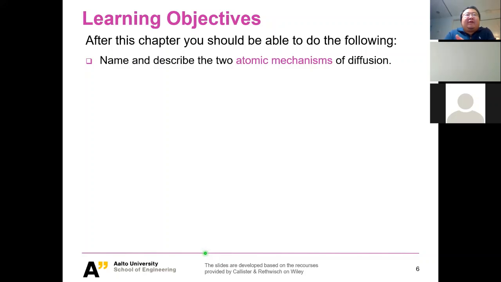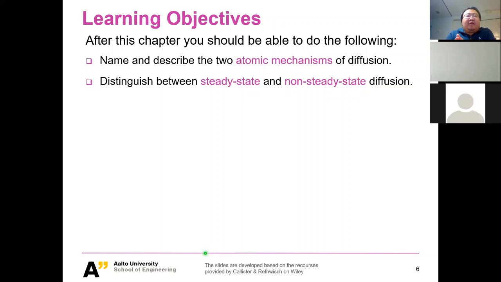So the first learning objective is, after the course, you should be able to name and describe the 2 atomic mechanisms of diffusion. So now it's also the answer revealing part. The diffusion deep down is atomic motion or an atomic related mechanism.